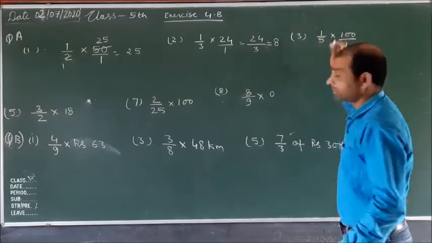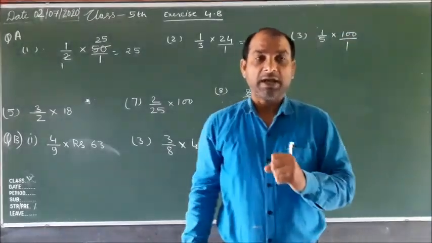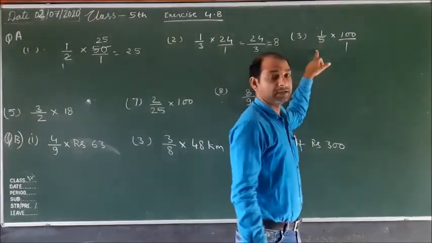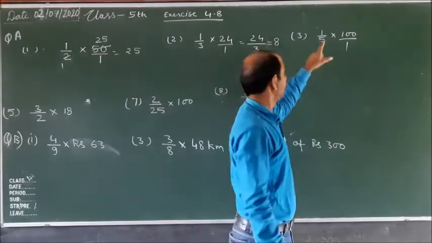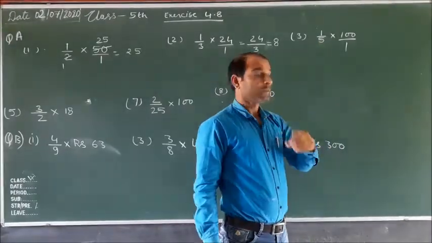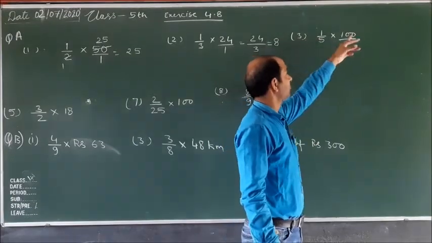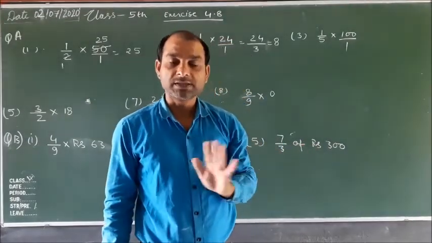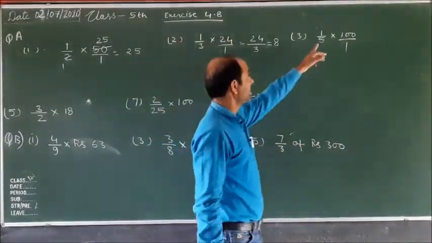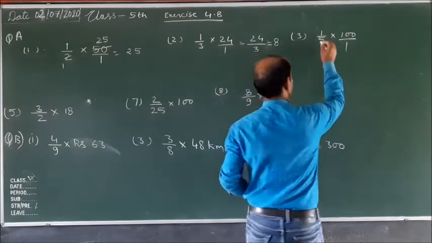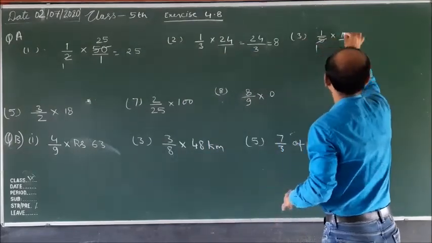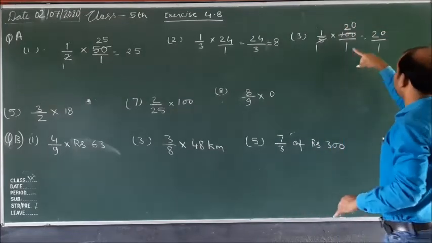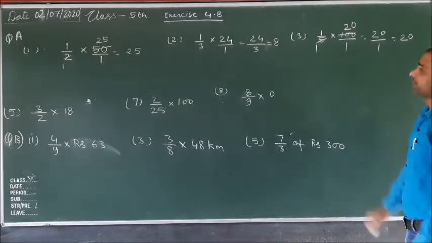Both numbers are divisible by the same number and we divide both numbers. Here we divided both by the same number, and you must divide by the same number. If you divide this by 5 and that by 2 or 10, that means your answer is wrong. So 5 ones are 5, 5 twos are 10, 5 zeros... 500, means 20 upon 1, answer is 20.